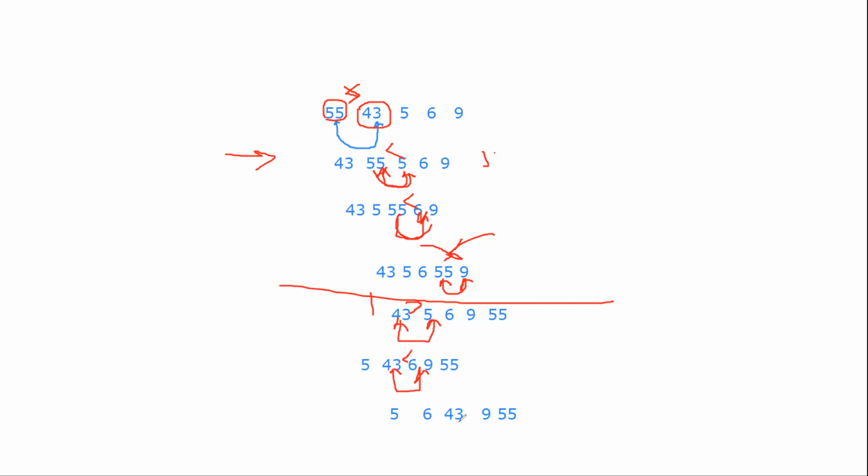Now compare 43 with next element, that is 9. 9 is less than 43. So interchange these two elements. New list created is 5, 6, 9, 43, 55.